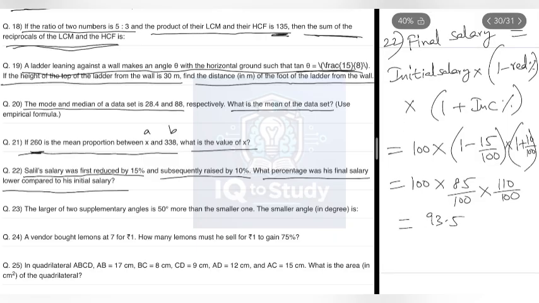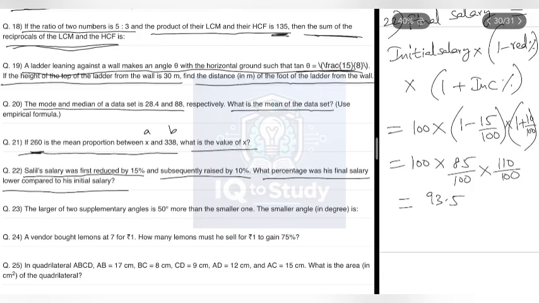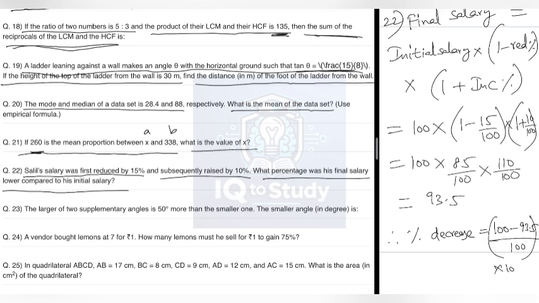We have to calculate the percentage decrease. Therefore, percentage decrease is equal to (100 − 93.5)/100 into 100.